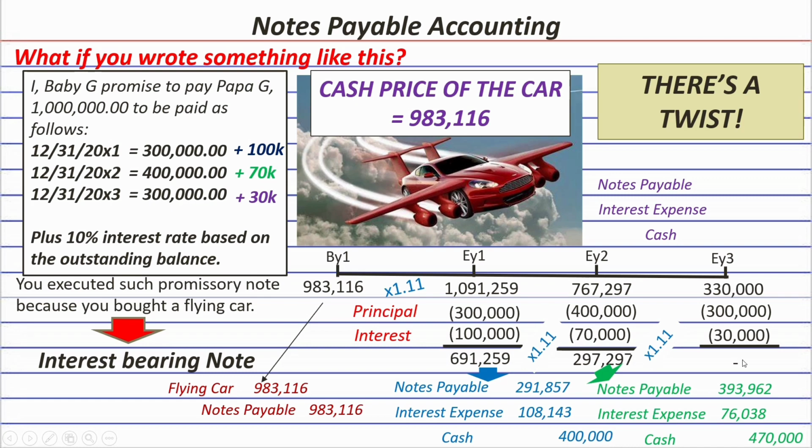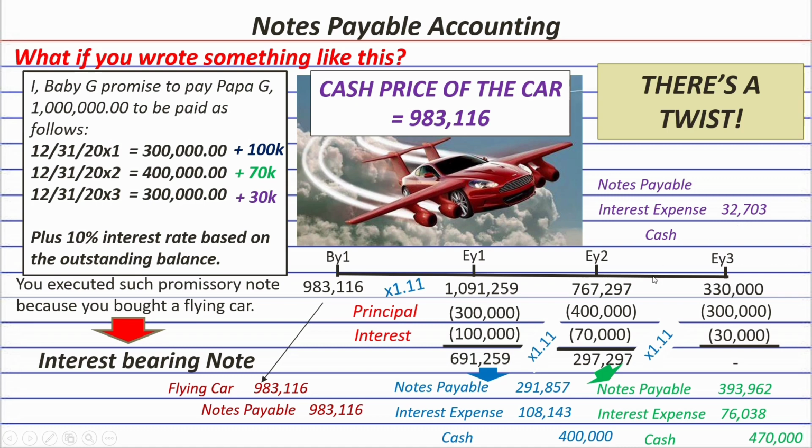Okay? And for the last year, again, we have similar entry. So the interest expense amounts and the other amounts are the ones that are changed. So the interest expense for the last year is just the difference of these two. And the difference of that two is 32,703. Okay? So that's the interest expense.